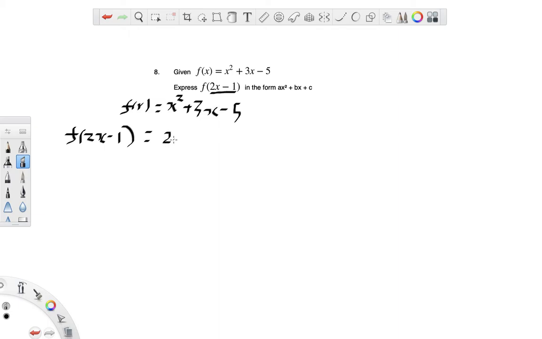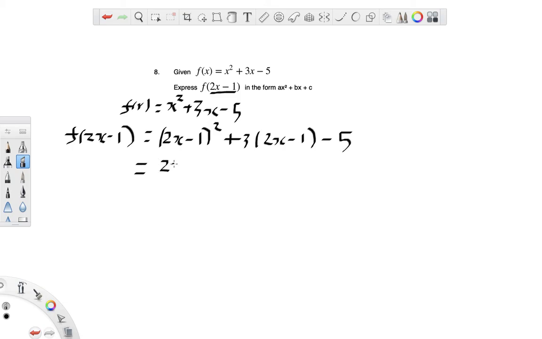So that means for the x squared part we'll have 2x minus 1 all squared plus 3 times 2x minus 1 minus 5. Now we just have to simplify this, so we'll expand our double brackets.